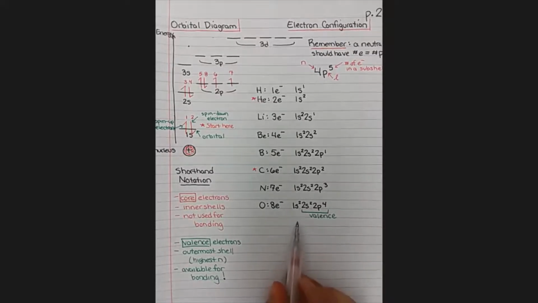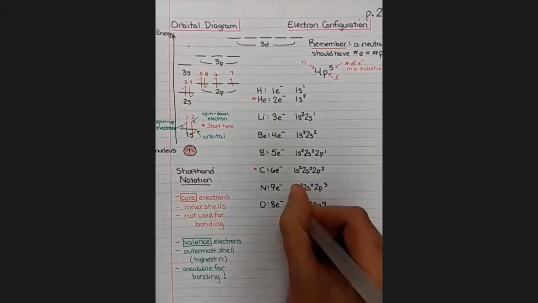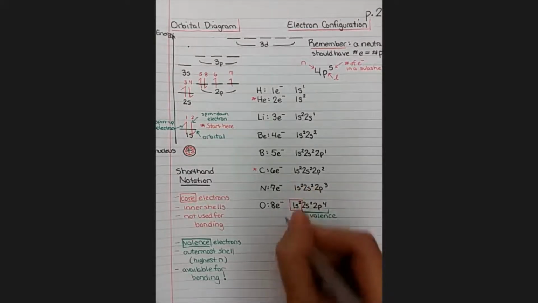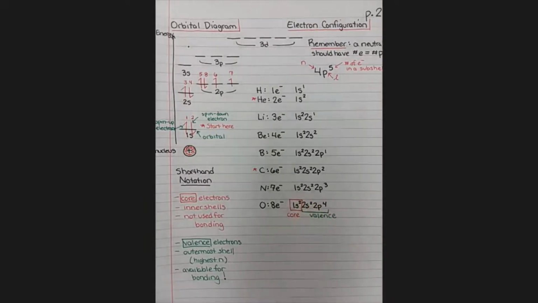All of the other electrons that came before this particular shell are going to be considered core electrons. So in this case, these first two, the 1s2 electrons, those are going to be my core electrons. They're not going to participate in bonding, and I don't really care about them.